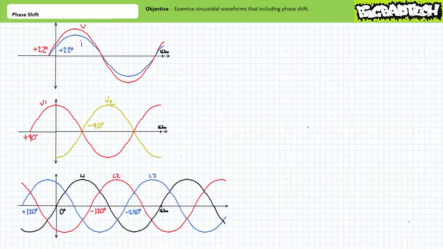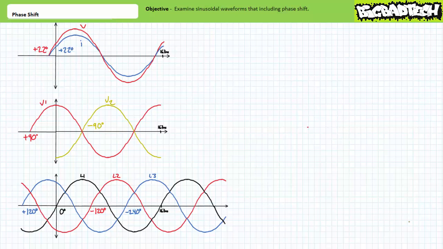Finally, for the third example problem on the bottom, looks like we've got three voltage waveforms: L1 in black, L2 in red, and L3 in blue. We're assuming L1 in black is our reference waveform, and it has a phase shift of 0 degrees. L2 in red has a phase shift of negative 120 degrees, and can be said to lag L1 by 120 degrees.